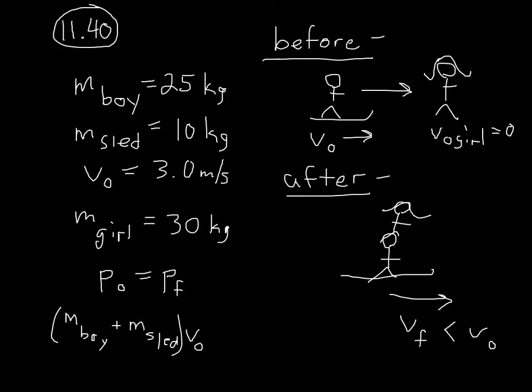That's going to be equal to the final situation, where I have the mass of the boy. He's still traveling along. He's still on the sled. But now we also have this additional mass, the mass of the girl. And she is traveling together with the boy and the sled at some final velocity.